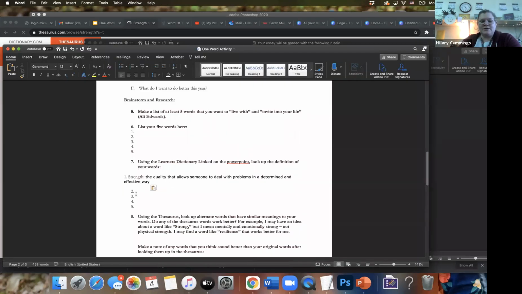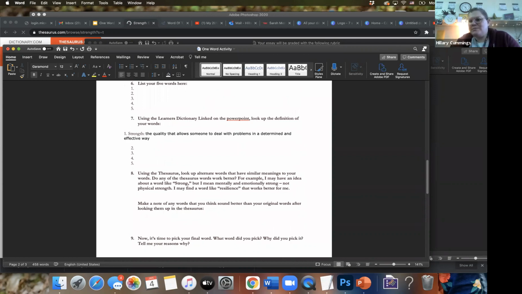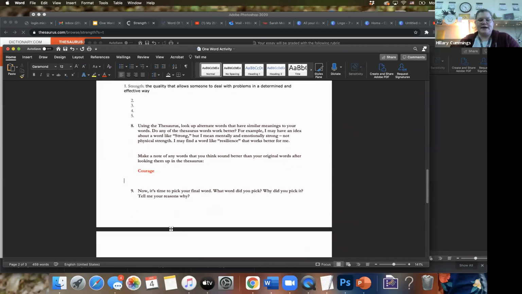So you're going to do that with your 5 words and you're going to look up the meaning for them. And then I want you just to make a note of any words that you think sound maybe better. Okay. So for example, I would write down here, I would write courage because I think courage actually sounds a little bit better than what I had determined.